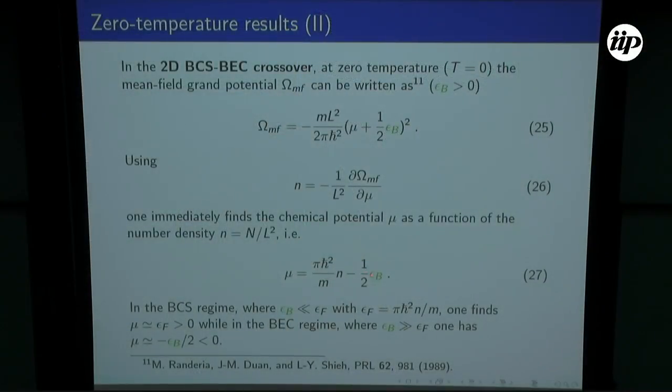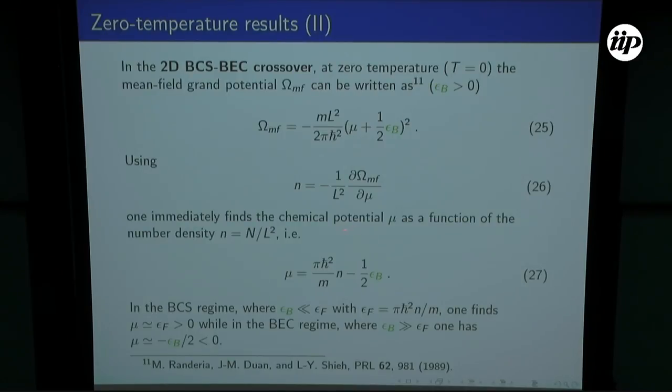In the other limit, when this epsilon b is very large, the second term dominates, and you will find that mu is simply minus one half of the binding energy, the other result. This is very nice, but unfortunately it's wrong. If you compare this formula with experiments, it will work only in the extremely deep BCS regime, but not in between.